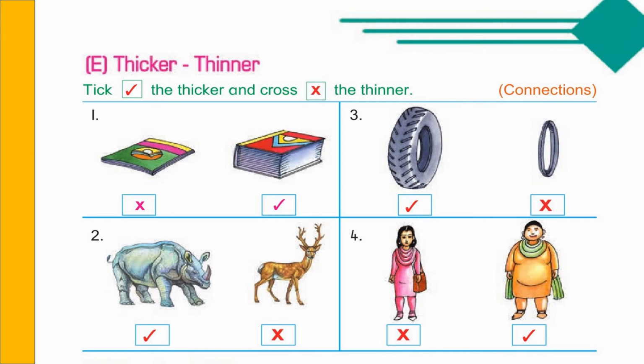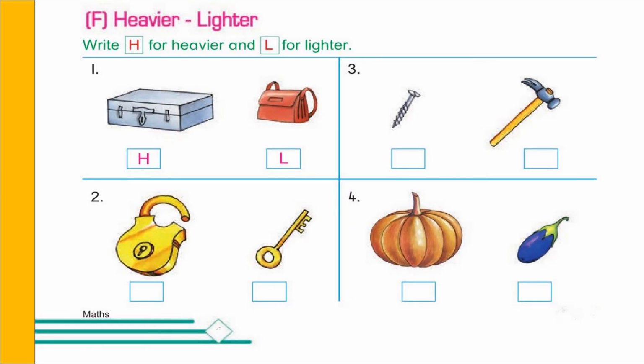Now let's talk about the next one. It is heavier and lighter. Heavier H, lighter L. See the example. One is a box, one is a bag or a purse. Did you ever hold your mommy's purse?